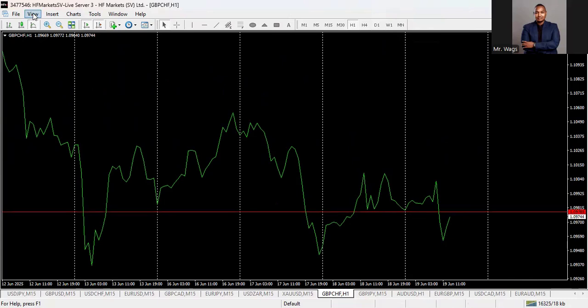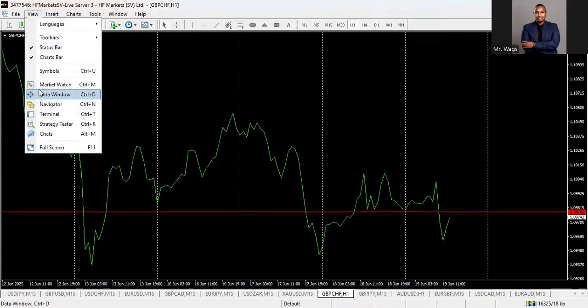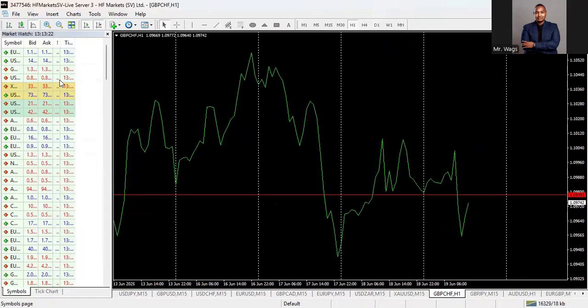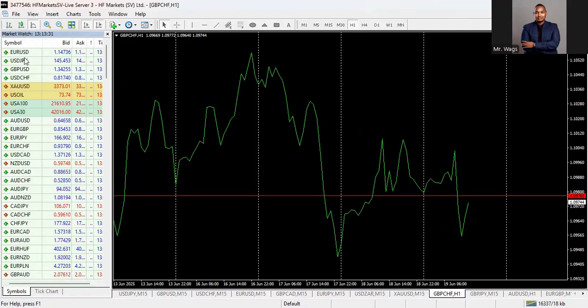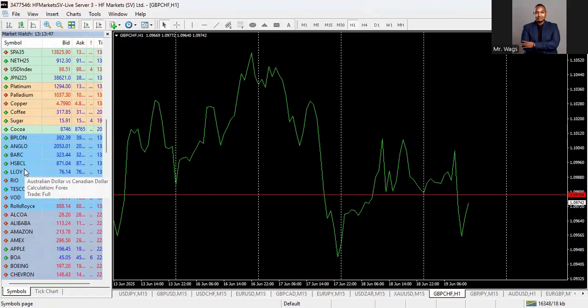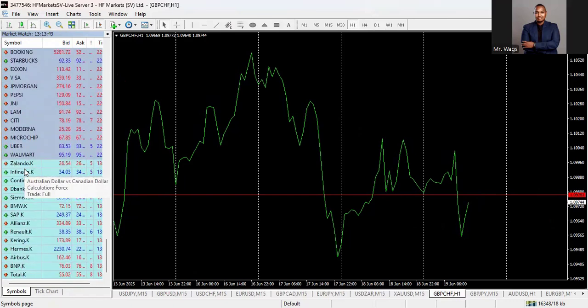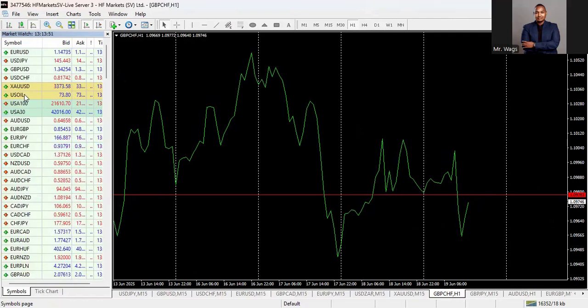And if you go to view Market Watch, you'll find we have the currency pairs here. So we have the symbols for the currency pairs. This is gold, this is US oil. We have the indices. So all the asset classes that we have learned.